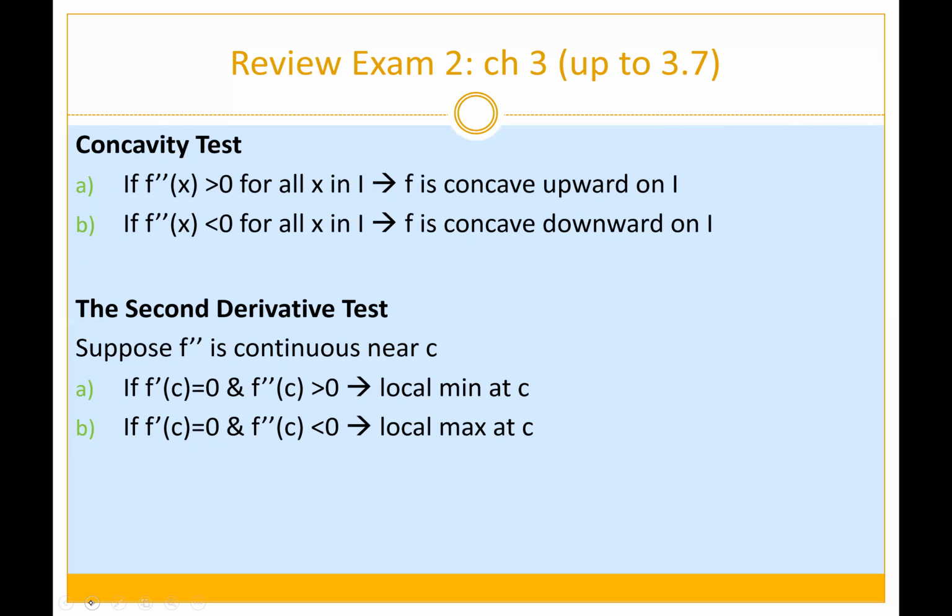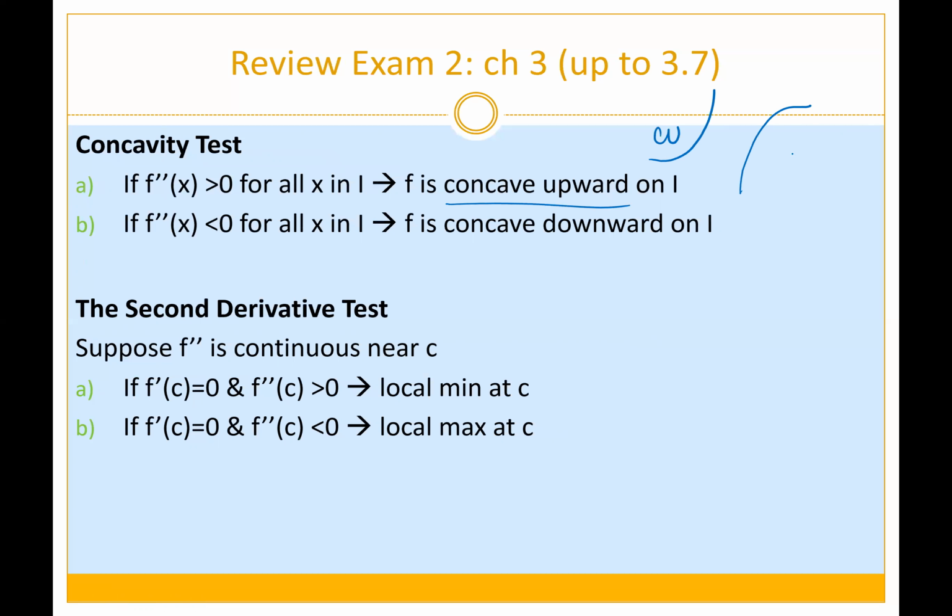We also have a concavity test. Concavity is whether the function is concave up or concave down, like this. If the second derivative of f is positive on the interval, it's concave upward.